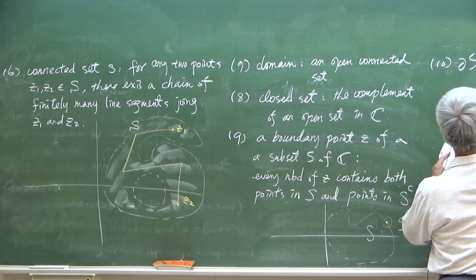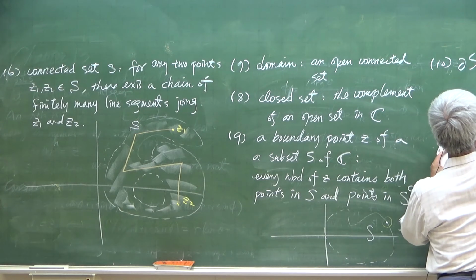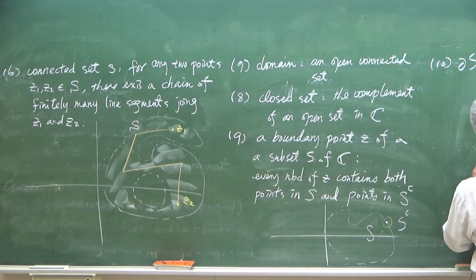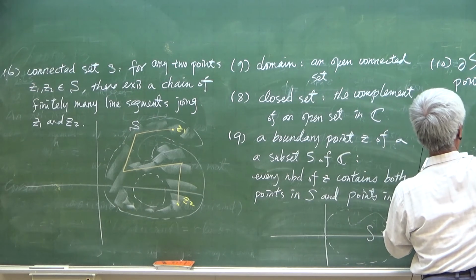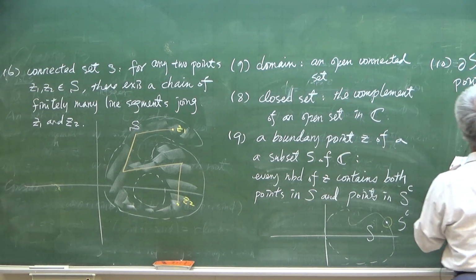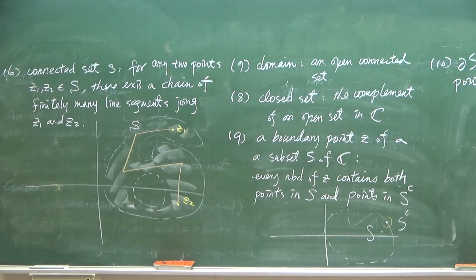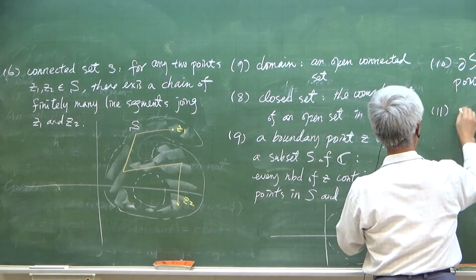This is going to be the set of all boundary points of a set. So if we collect all boundary points together, it will be denoted by this operation. Eleven, a region.